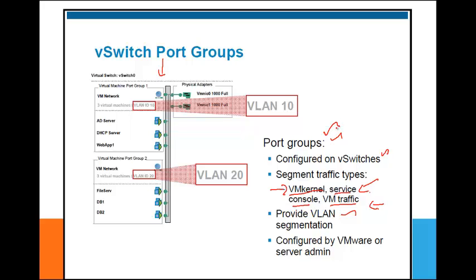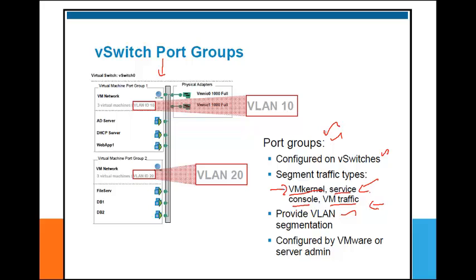Who creates port groups? Actually, it is the network admin. That's the final conclusion we will have in this course. The network admin does all the network related things and gives them to the VMware admin.